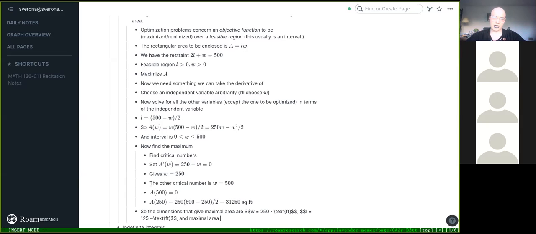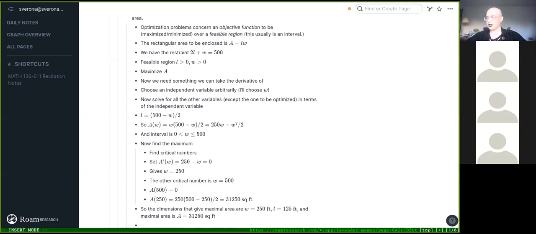Yes, that is right. A equals 31,250 square feet. Okay.